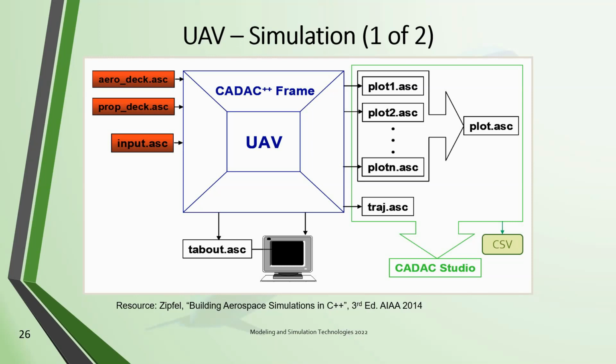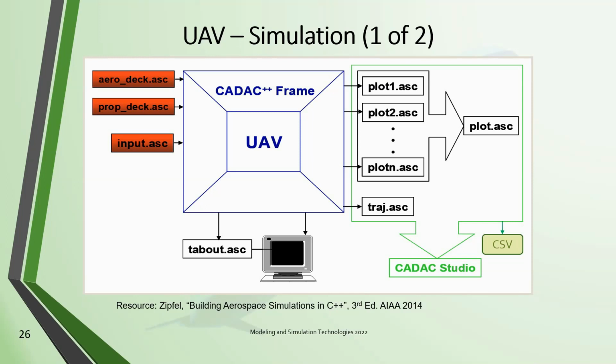On the right-hand side is the output in terms of plot files. Now, there are several plot files shown here, and that's the case if one takes advantage of the simulation that multiple UAVs can be flown. In our case, we're just going to fly one UAV.